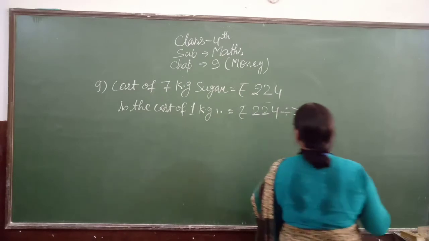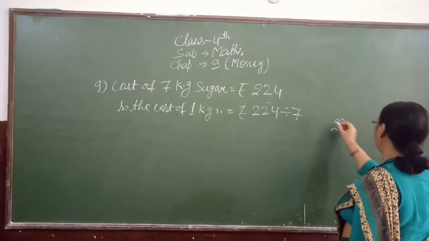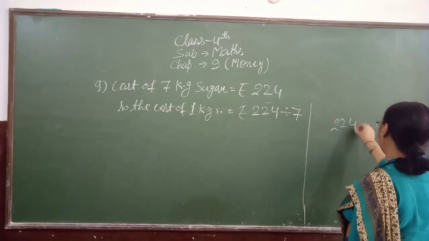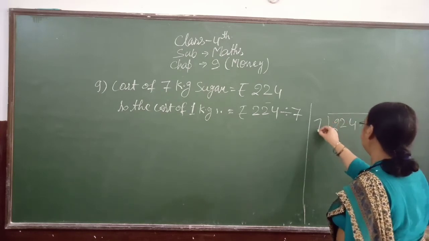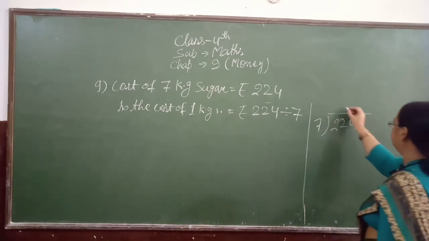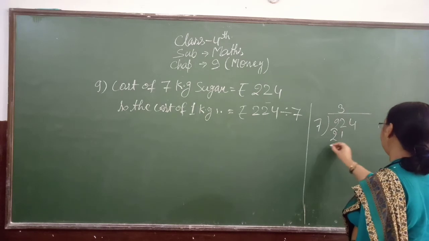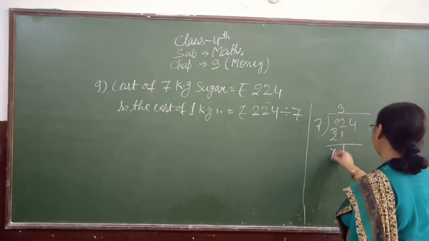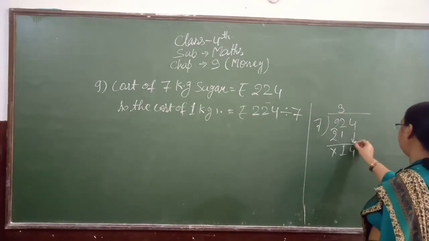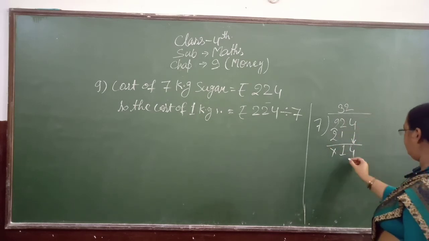और यहाँ पे डिवीजन लगाइए, 224 divided by 7, 7 3 जा 21, that is 1, 4, 7 2 जा 14.